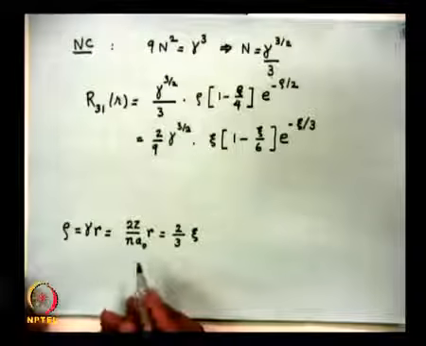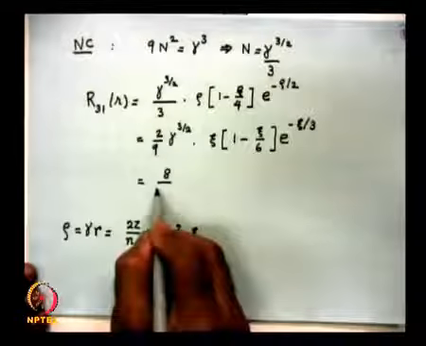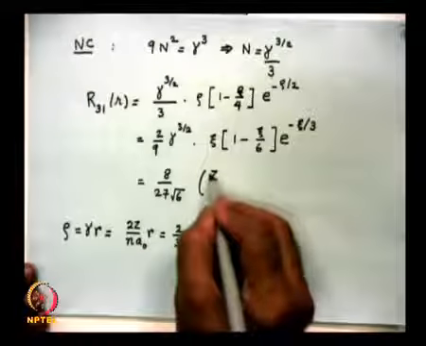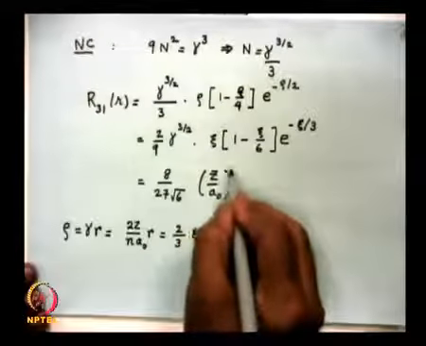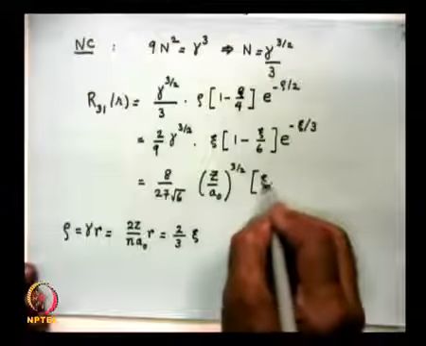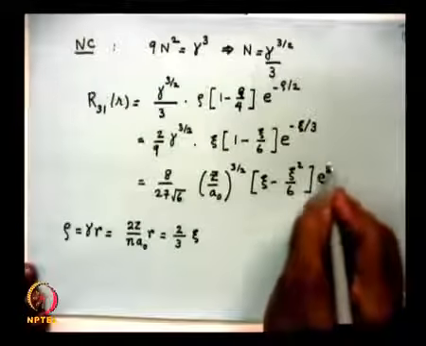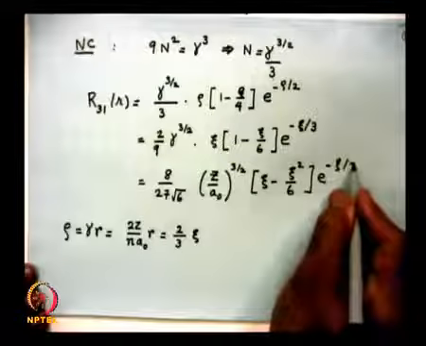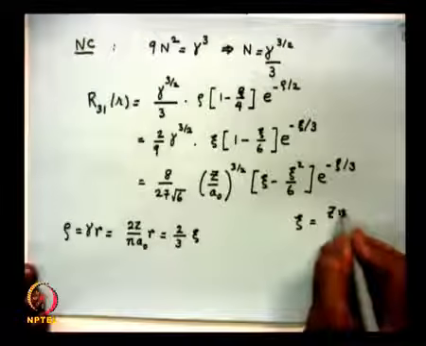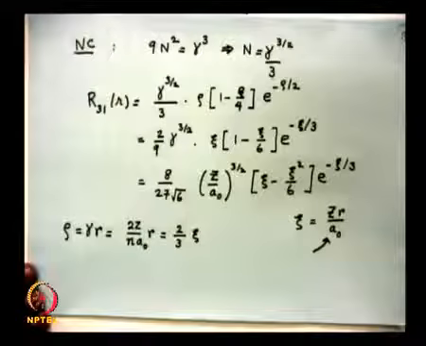If you finally substitute that, with simple substitution you will get 8 upon 27, I leave it as an exercise, z by a0 raised to the power of 3 by 2, xi minus xi square by 6 into e to the power of minus xi by 3, where xi is equal to z r by a0, and a0 is the Bohr radius.